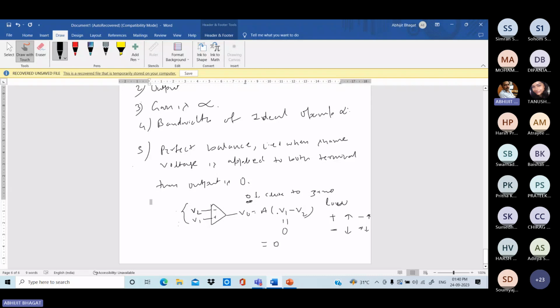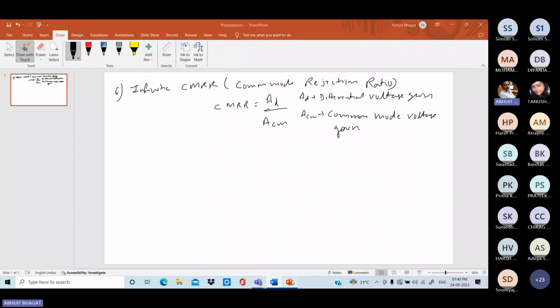When you supply different voltages, meaning V1 and V2 are not equal, whatever the gain of the op-amp, that is called AD. So this AD is the differential voltage gain.